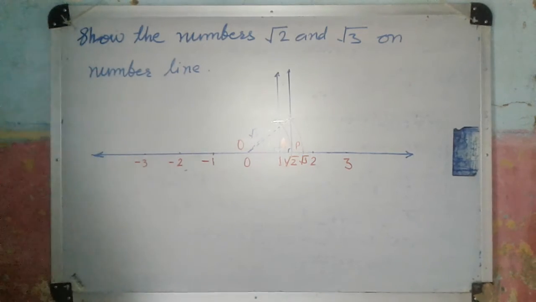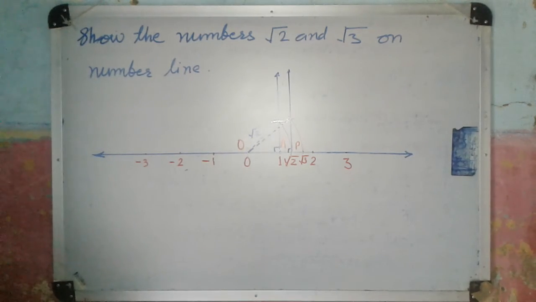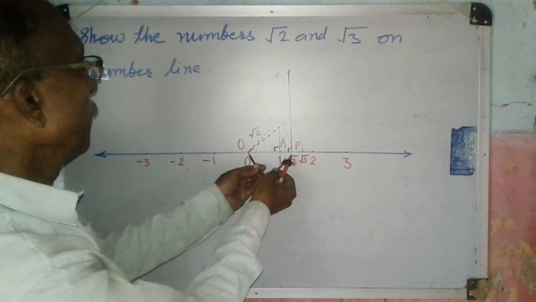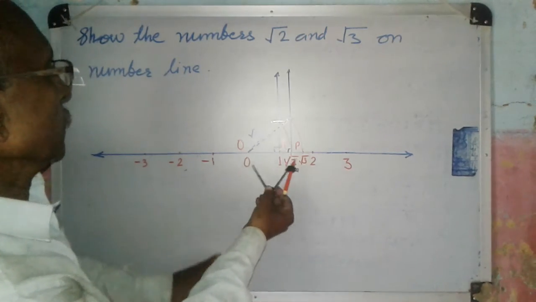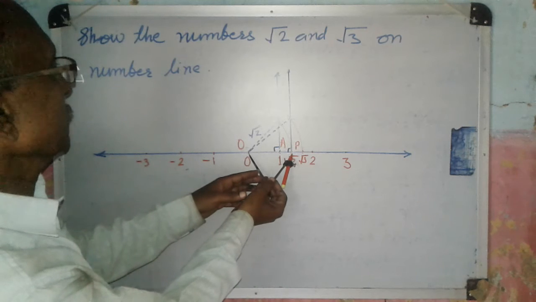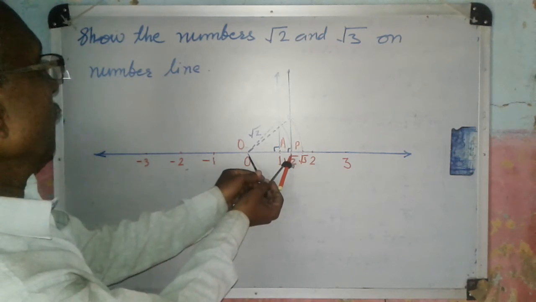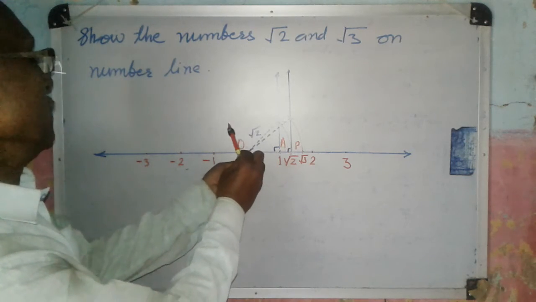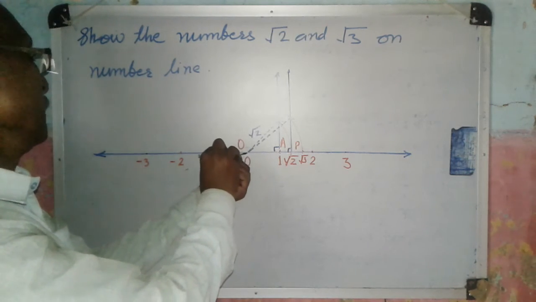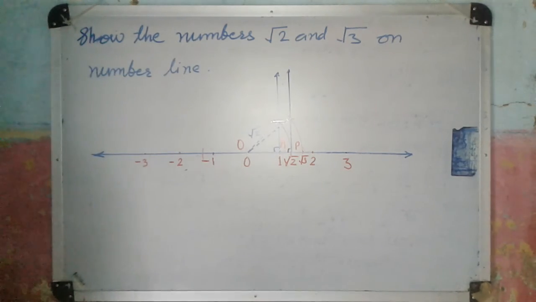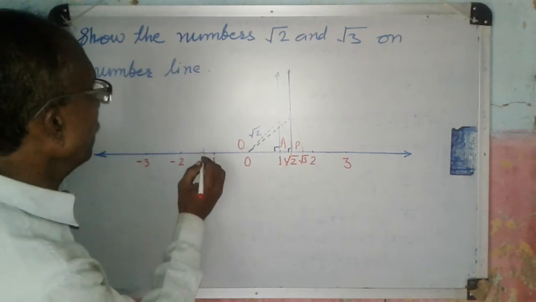Now if you want to show minus root 2, this distance is equal to root 2. Now minus root 2 will be on the left of 0 at the same distance. So here is minus root 2.